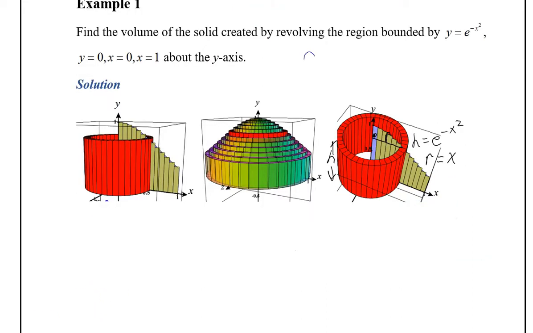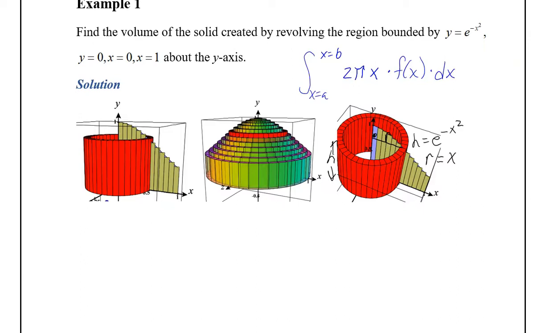Recall that our formula is the integral from x equals a to x equals b of 2 pi r, where r is given by the x value, times the height, which is given by the y value on our particular curve, f of x, multiplied by the differential, which is dx.